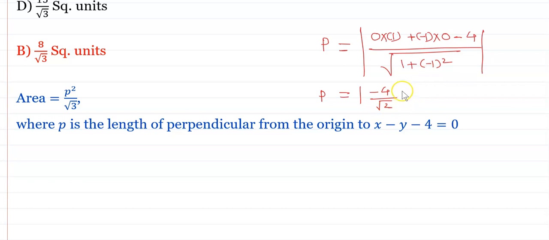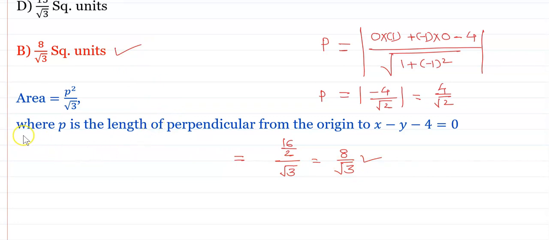Okay, this is the value of p, that is equals to 4 upon root 2. What's the area? Area is equals to p square upon root 3. The square of this p square is 16 upon 2, and this whole divided by root 3 means what? 8 upon root 3. This will be the area of the triangle, and hence the option B is the correct one.